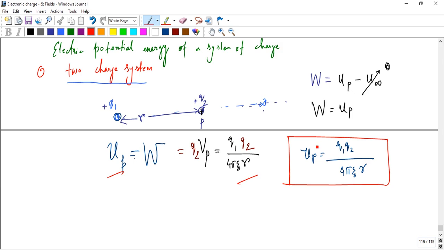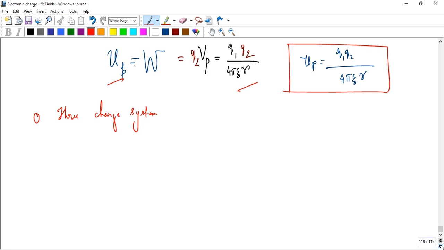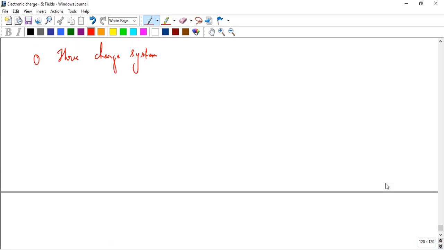Now, if the system contains three charges, that is, there are two charges and we bring another charge, what will happen? Now consider the three charge system. There is a blank screen.